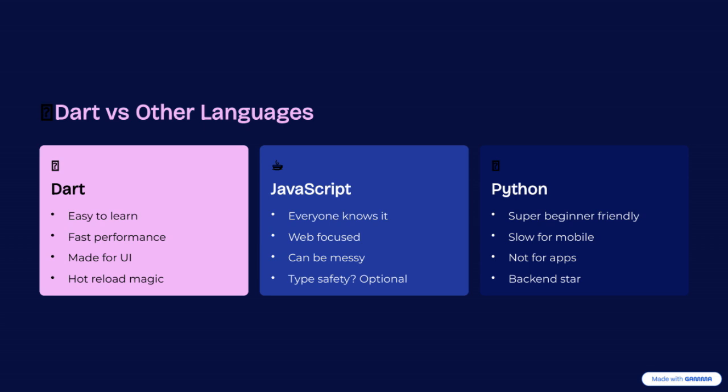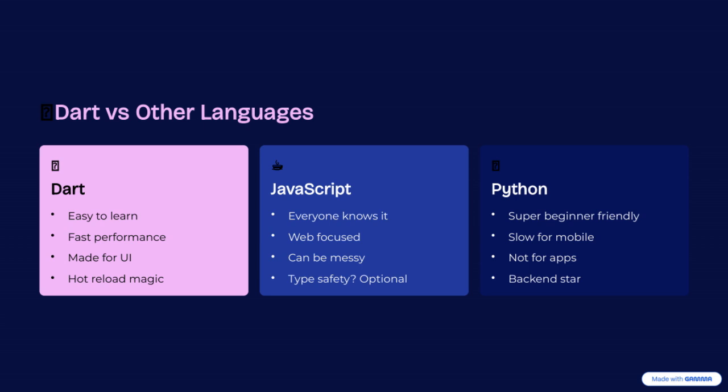You'll notice that type safety is optional here, meaning you can choose to be flexible or more strict depending on your project. However, that flexibility can sometimes make things a bit messy if you're not careful. Now, this backend is web-focused, so it's great for server-side development and web applications. And one thing everyone knows about it, it's Python, the language loved by many for its ease of use.